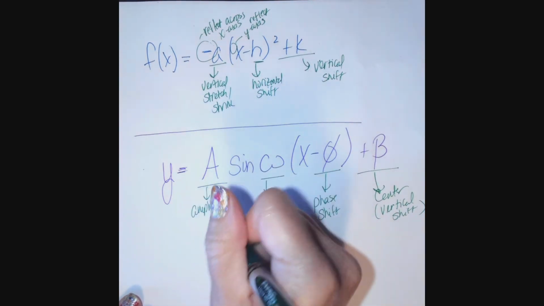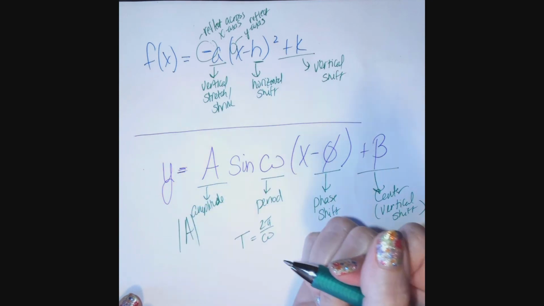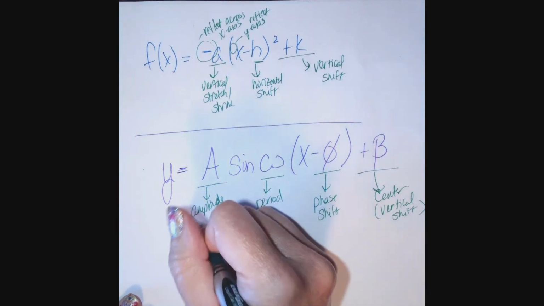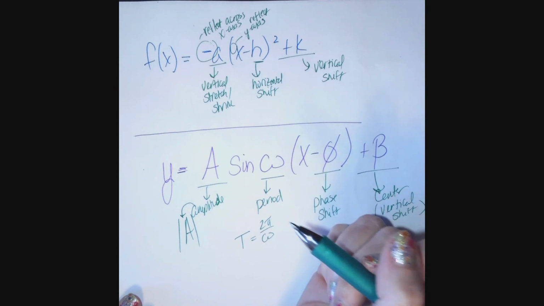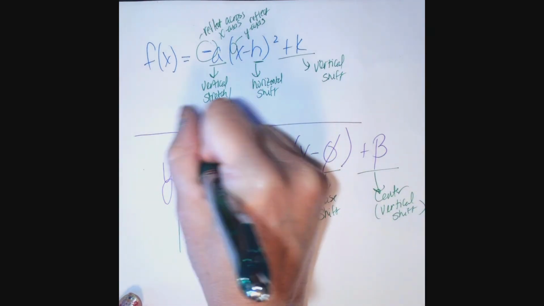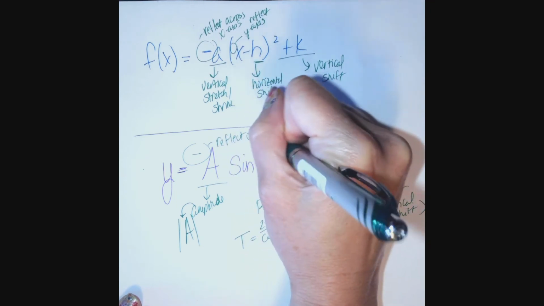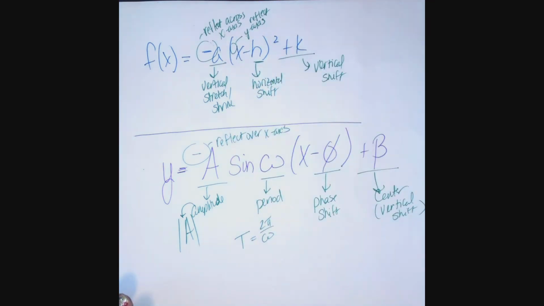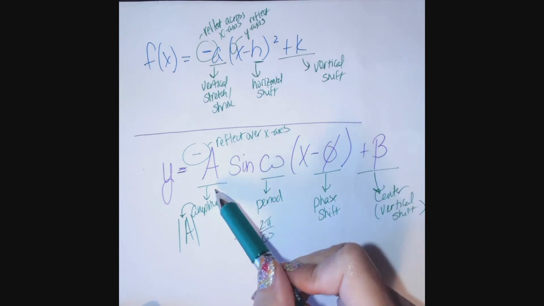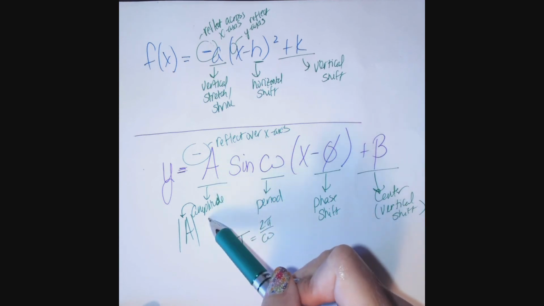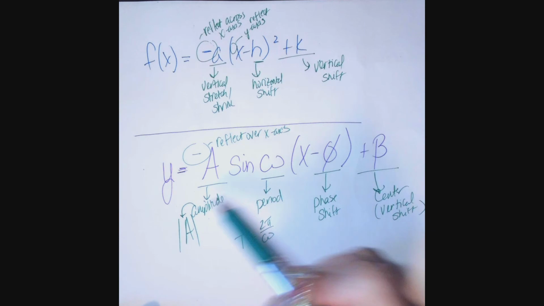Now this amplitude, this a out here, is really the absolute value of a. If I have a negative, that does cause a reflection. That negative here would still be a reflection over the x-axis. Okay, so this a, this amplitude, is my vertical stretch or shrink.